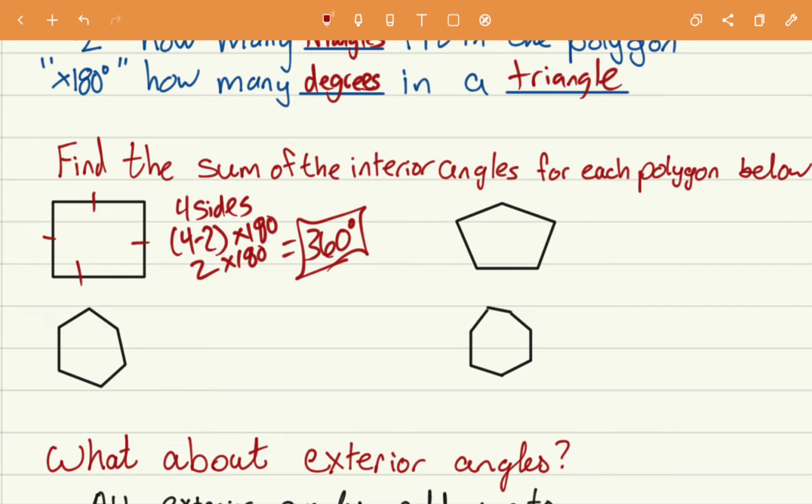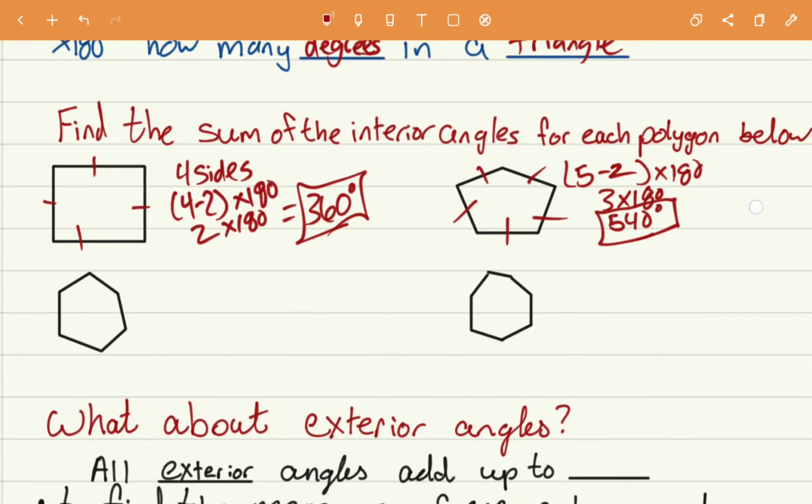Okay. Look right here at this pentagon. We get 1, 2, 3, 4, 5. So we got 5 minus 2 times 180. 3 times 180, which is 540. Okay. Go ahead, try the next.